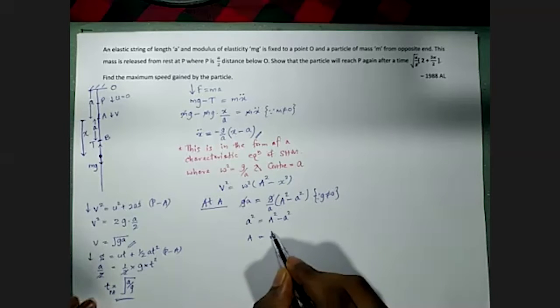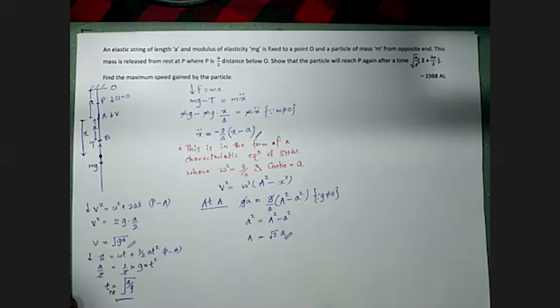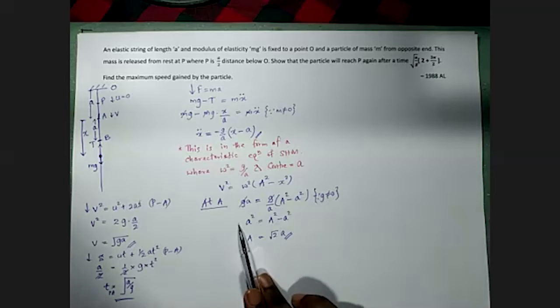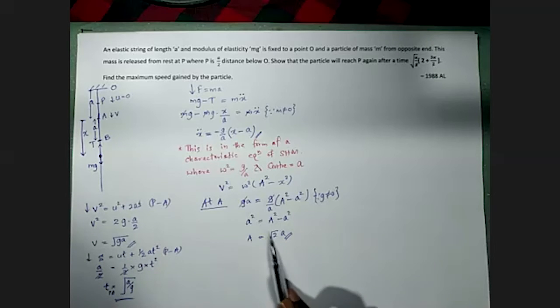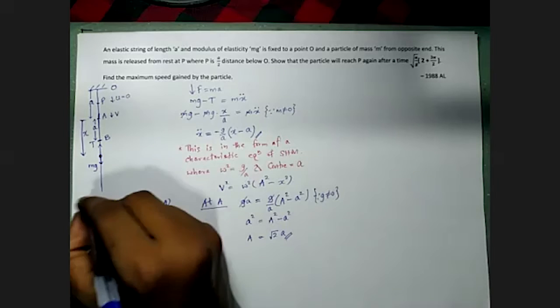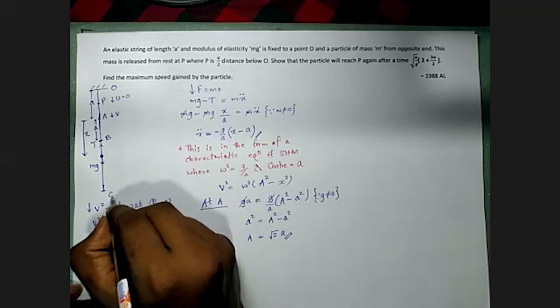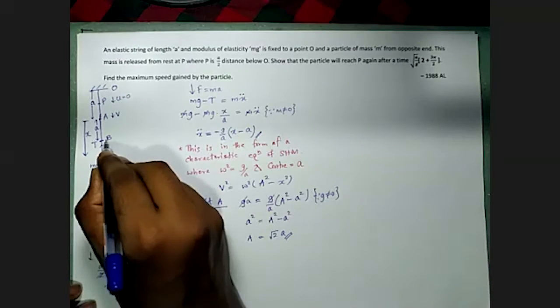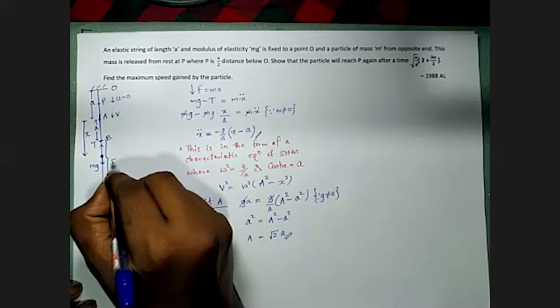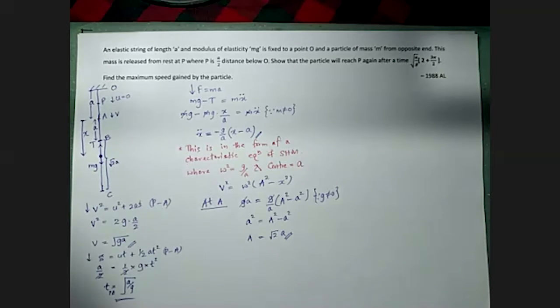Now A is square root 2A. This becomes 2A square when we take the square root. Square root 2A is our amplitude. That means if I mark the lowest point of this simple harmonic motion as C, that will be root 2A below the center of the simple harmonic motion.